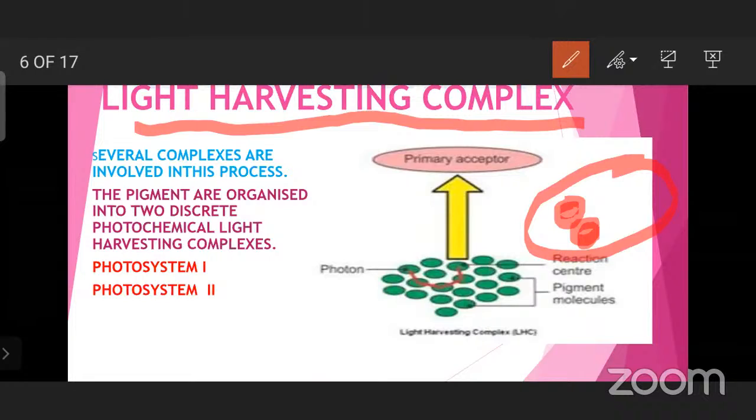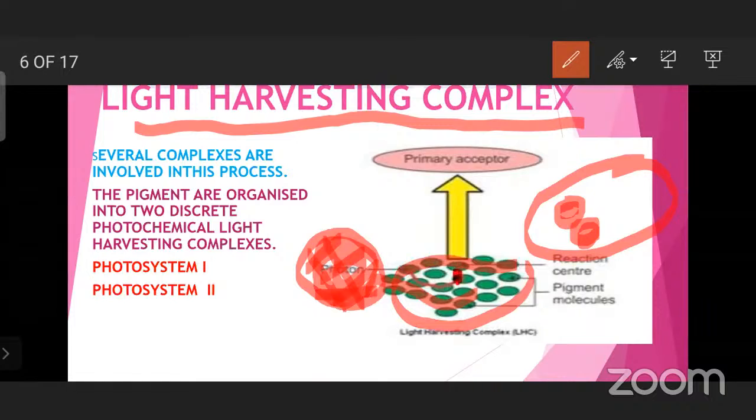And here you can see the photon. Photon is nothing but a light energy packet. The quantum energy is there in the photon, in the sunlight packet. This photon is going to be taken by the antenna molecules, and only one box will be there, chlorophyll A, that is going to make the reaction center.